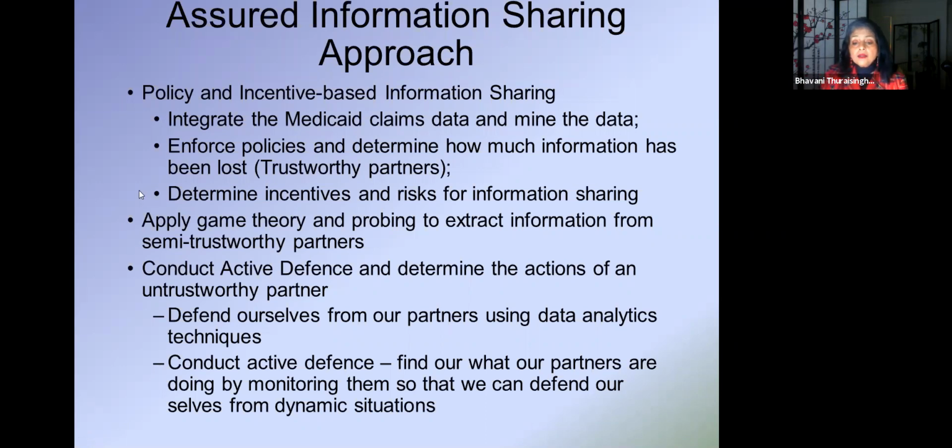For the second approach, where you want to play games, we may not trust everyone, so we may want to play some games with them. And the third approach, there are people that we don't like, but we still have to work with them. And we also have to make sure that we defend ourselves.